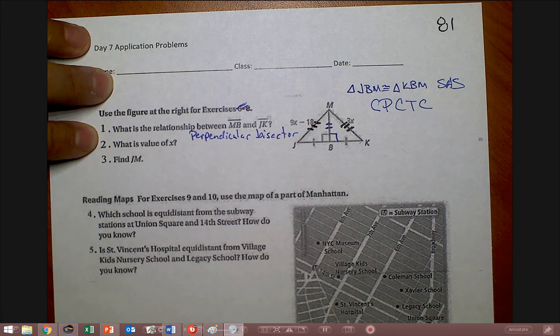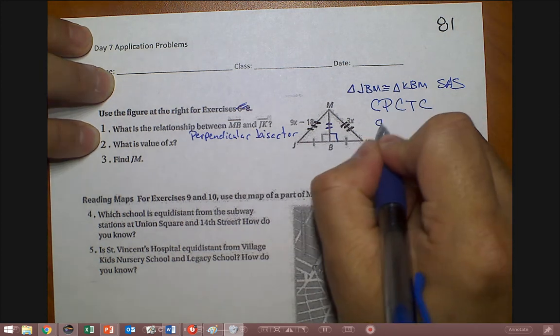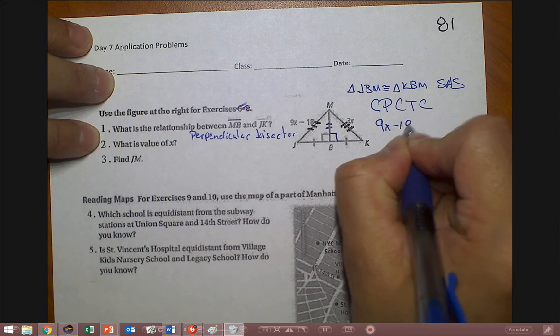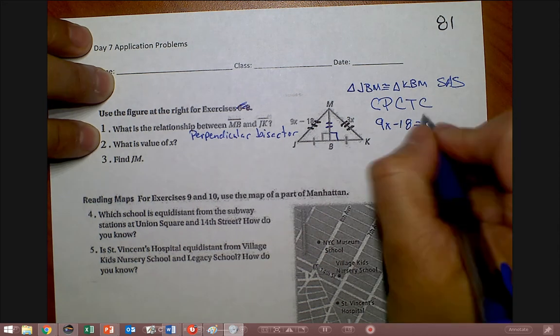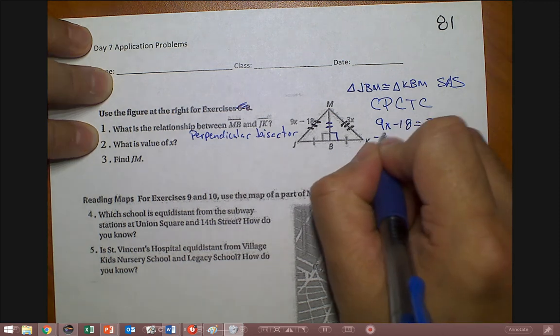Set them equal. Very good, that's what I'm looking for. So I'm going to set them equal to each other: 9x minus 18 equals 3x. Subtract 9x from both sides.